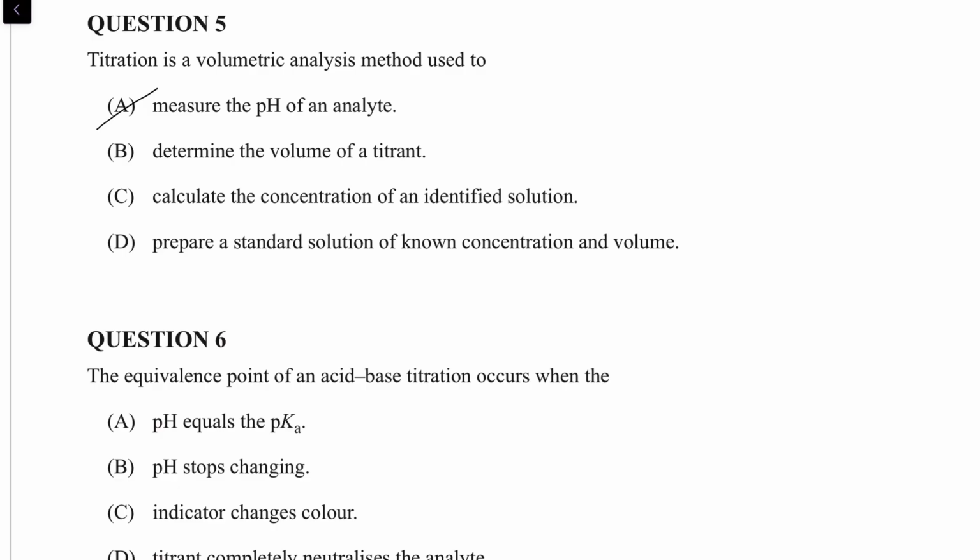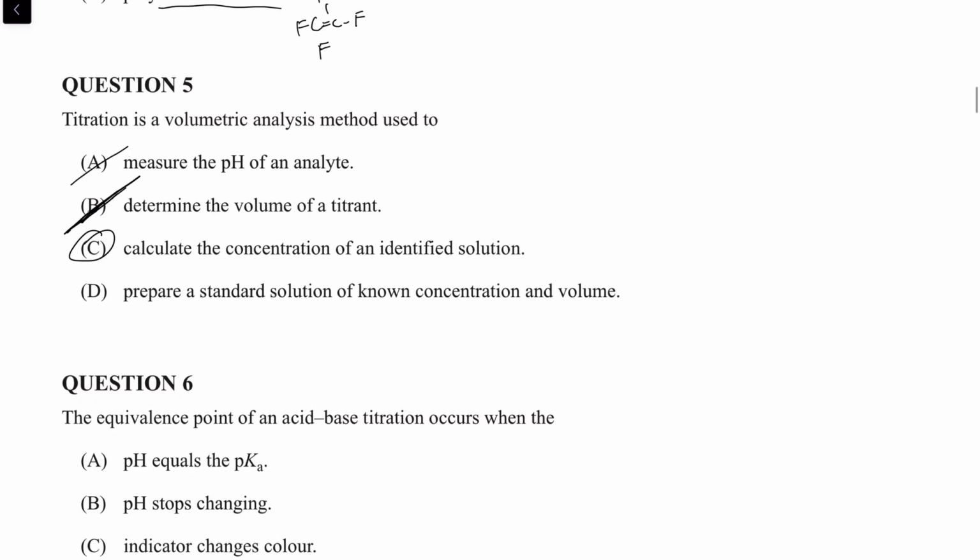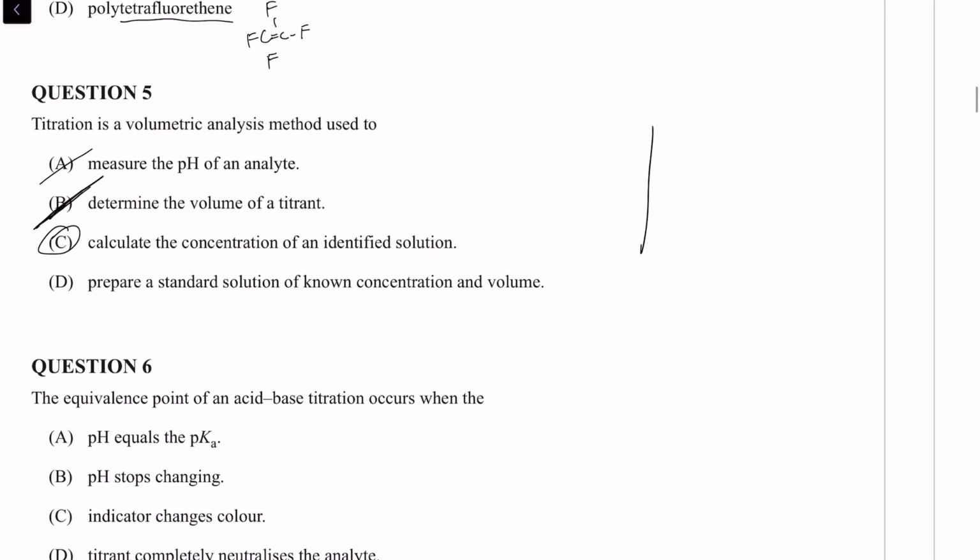We already sort of know the volume of a titrant, but C is the correct answer here because we want to calculate the concentration of an identified solution. So if you remember graphs, maybe from your IA1 data test, we remember our titration curve, so it'd be something like that. We basically titrate to find the concentration.